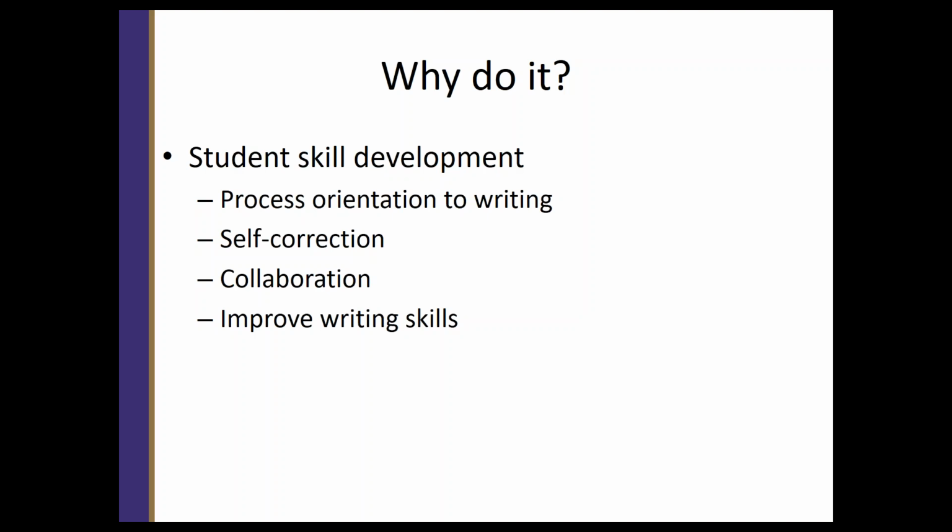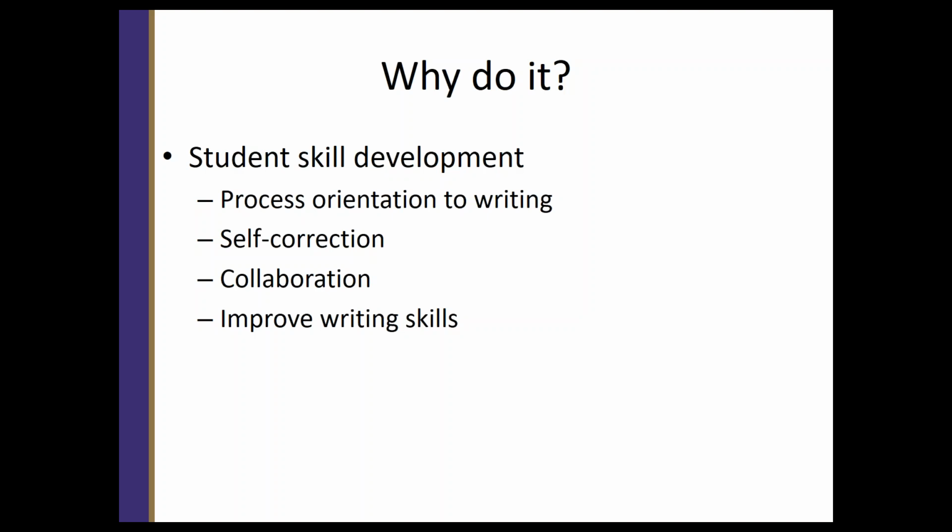So in regards to student writing, the process of peer review has been shown to improve writing skills and to help students shift in their writing to a process orientation rather than an outcome-based orientation to writing.